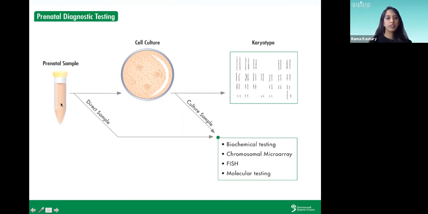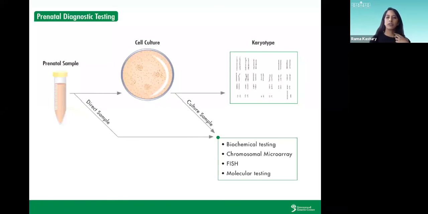So we get a prenatal sample, and it's given to the lab just like this. We either do a cell culture to grow the cells, and/or we do a direct sample and extract the DNA from the cells, and we can do specific testing from that.